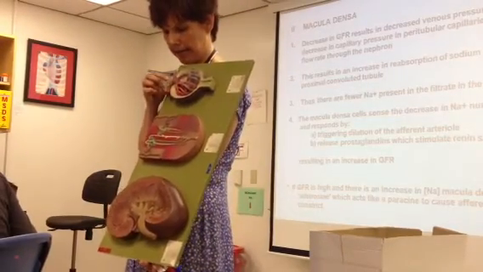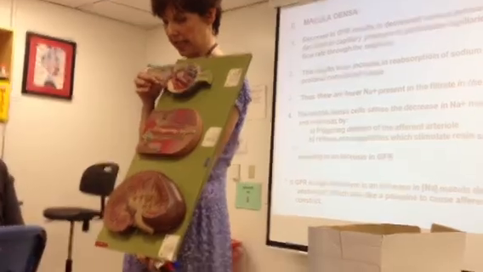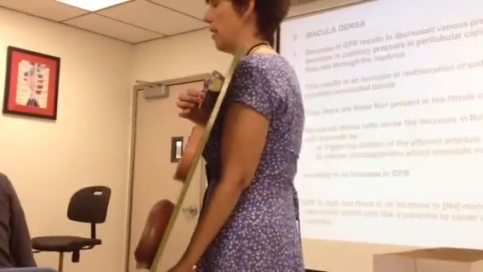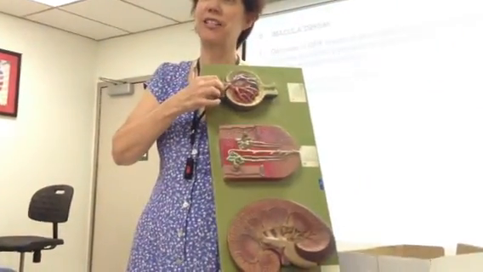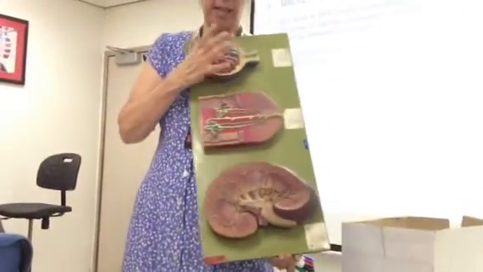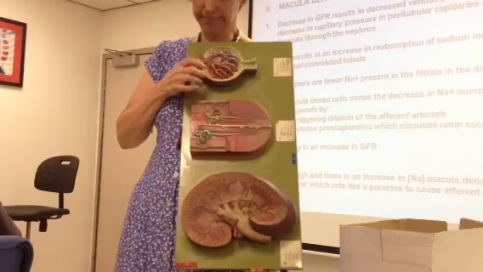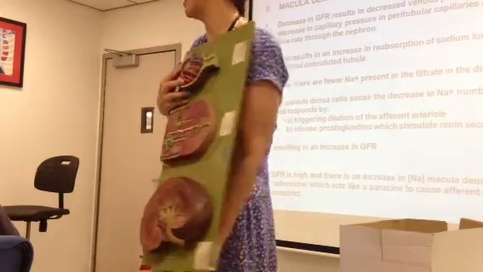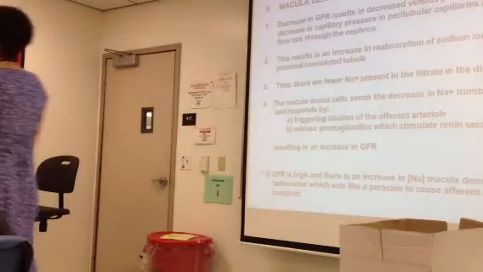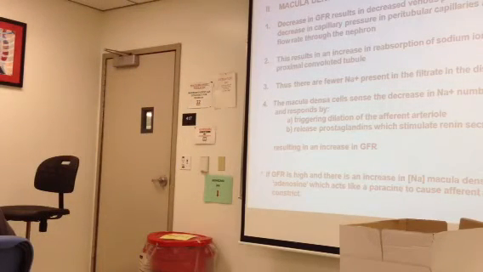Here is the macula densa, and these cells are the ones in the distal tubule that are sensitive to sodium ion concentration. The other model that looks like this doesn't show the macula densa cut, but you can see it on this particular model. And I'll show you the macula densa on the light microscope as well.